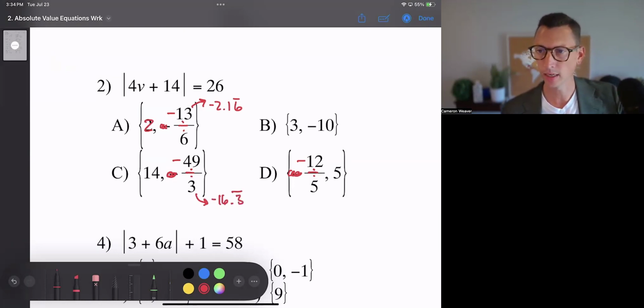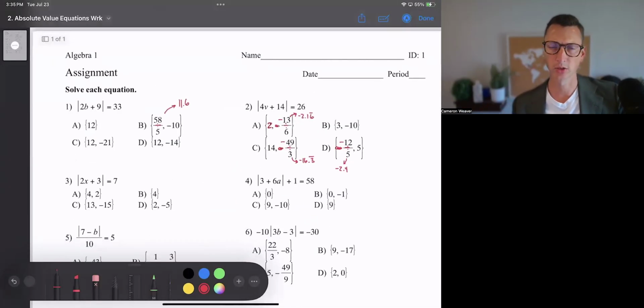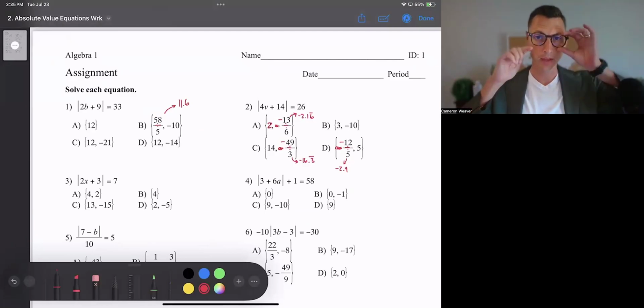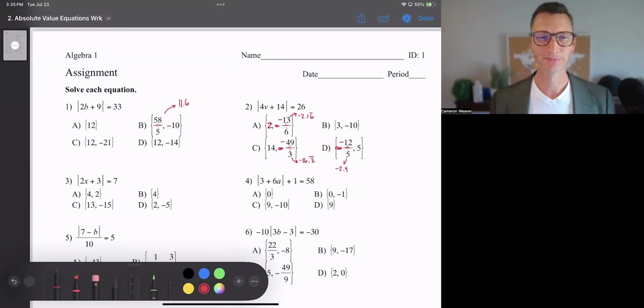And then answer option D, you've got negative 12 divided by 5. This answer option would be negative 2.4. So if you're working decimals, convert those fractions into decimals, and then work out that absolute value equation.